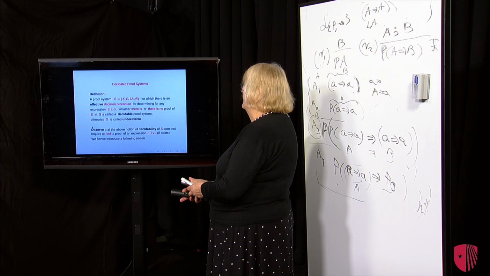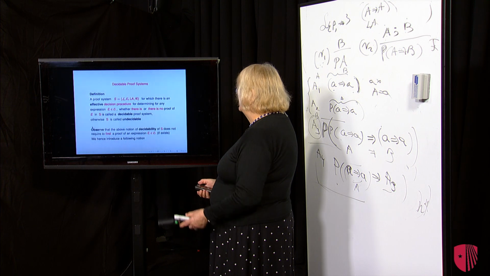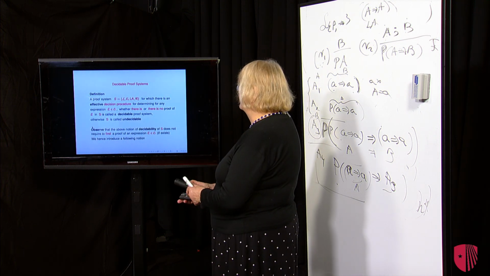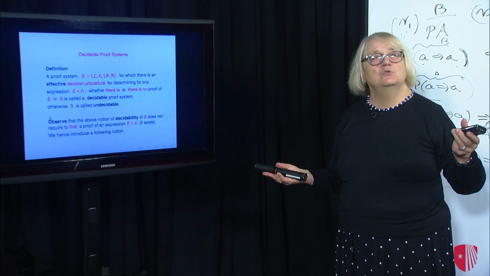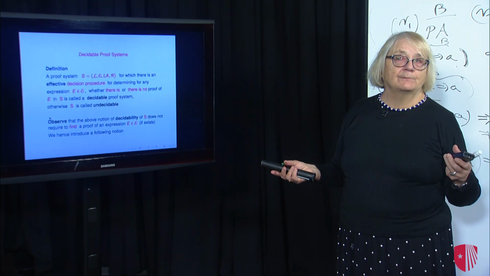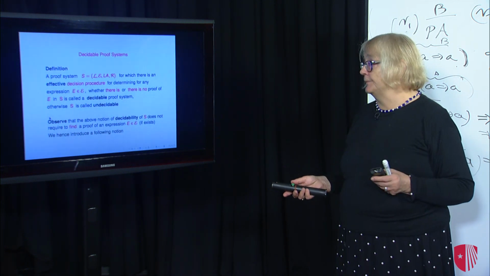We say the proof system in which there is an effective decision procedure for determining for any expression whether there is a proof or no proof is called decidable. So this is not only finding the proof, but can you somehow decide there is a proof or not.